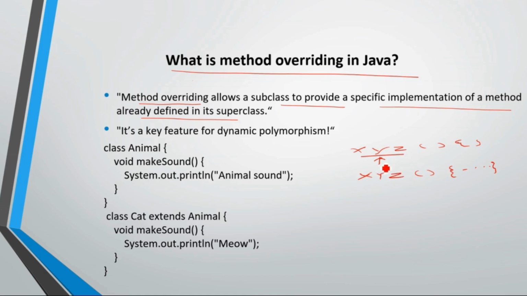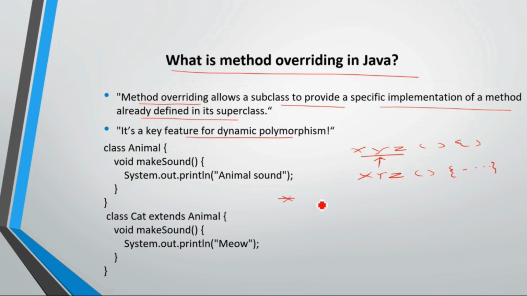Okay, so what it does is, it will provide us dynamism, or a flexibility, to use parent class methods. Correct. A key feature of this is dynamic polymorphism. Why dynamic polymorphism?